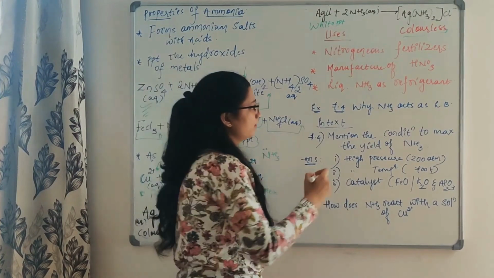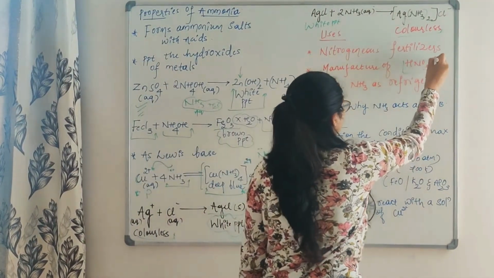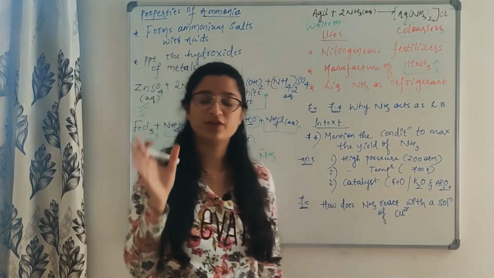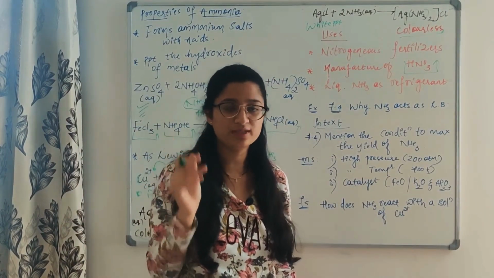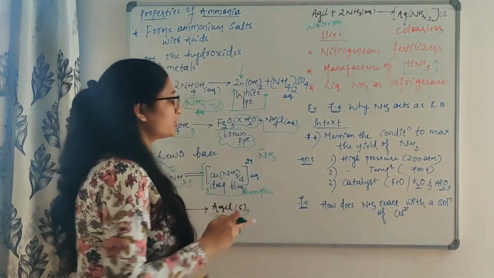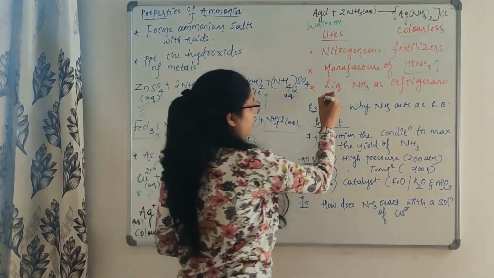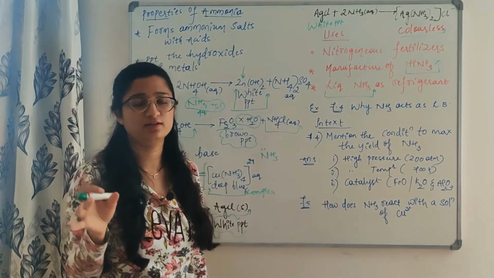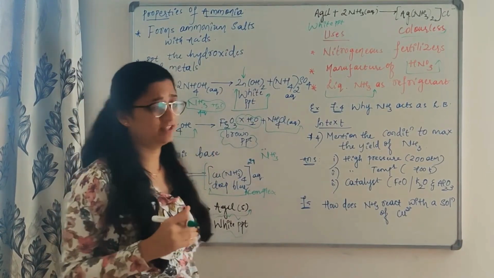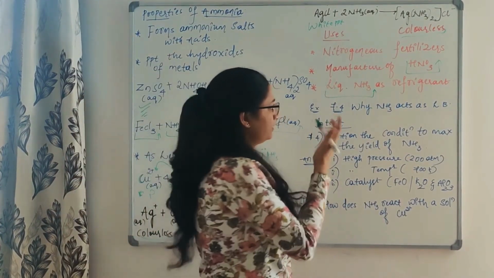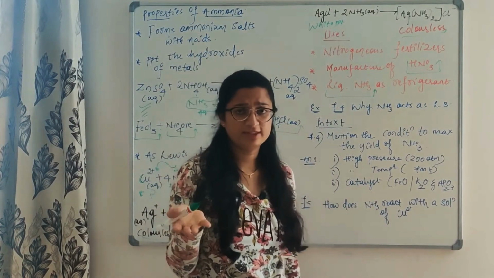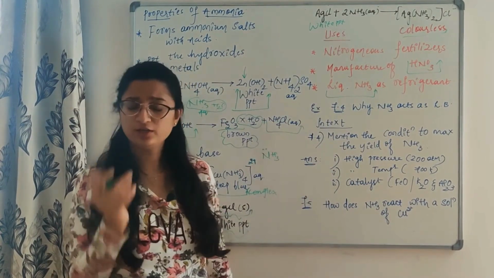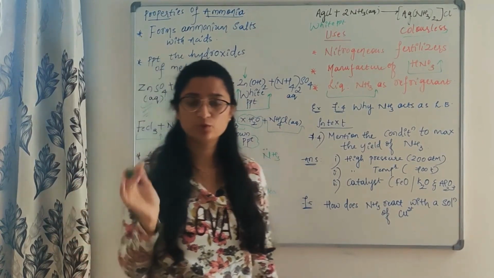The main important thing among that is nitric acid. In the manufacture of HNO3, we are going to use NH3. The next one is liquid NH3, which is used as a refrigerant, that is, a refrigerating agent. So it is used as a fertilizer, in the manufacture of HNO3 and as a refrigerant. You can remember these uses.